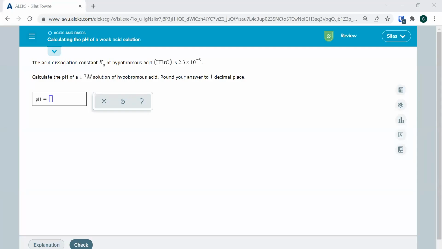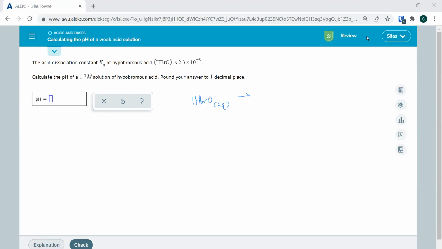All right, here we will be calculating the pH of a weak acid solution. And what you'll see here is that we are using our tools that we learned during equilibrium. That's because the way we would write this reaction is HBrO, and this is a weak acid. It's aqueous.